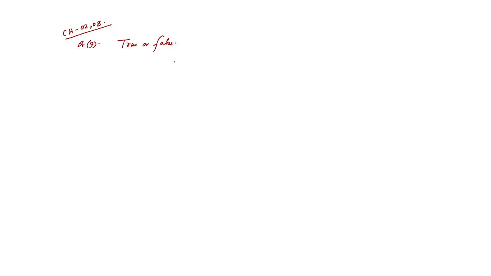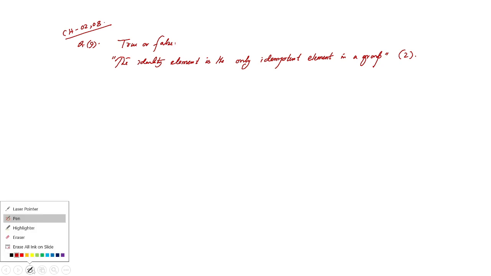The identity element is the only idempotent element in a group. And this is basically again a 2 marks question. So you need to justify whether it is true or false. That we will justify here.